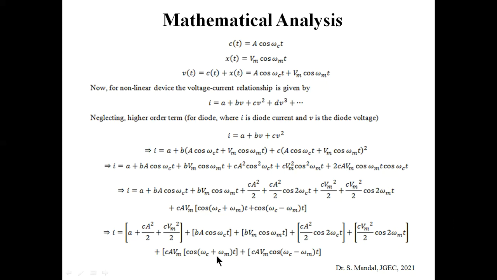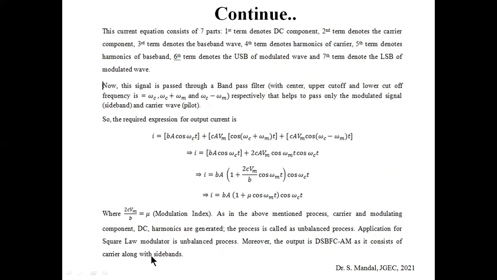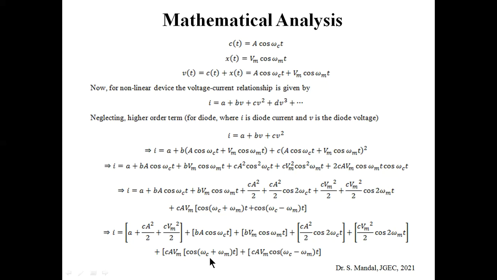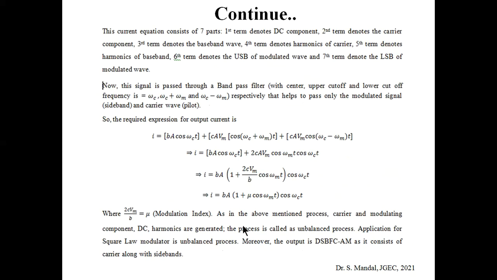not desirable. So what we need to do is pass this signal through a band pass filter. If we use a band pass filter whose center frequency is omega c, upper cutoff frequency is omega c plus omega m and lower cutoff frequency is omega c minus omega m, then it will pass only the modulated signal, that is the sidebands, and the carrier wave also, because its center frequency is omega c.